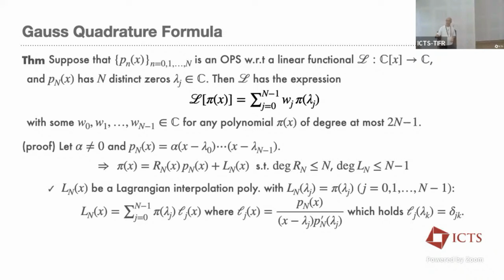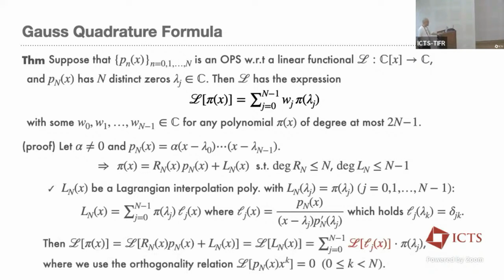Of course, this is given; if you know pi(x), it's easy to calculate. And l_j(x) is given in this way. You see that this has a big feature when you put in lambda k: if j and k are the same, then it should be 1, but if j and k are different integers, then 0 will happen. So that is easy to solve.